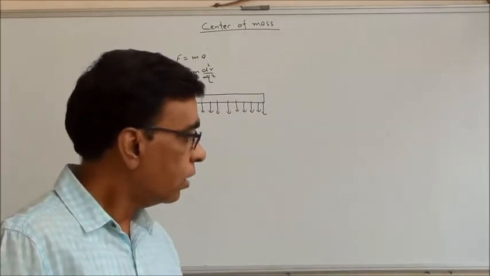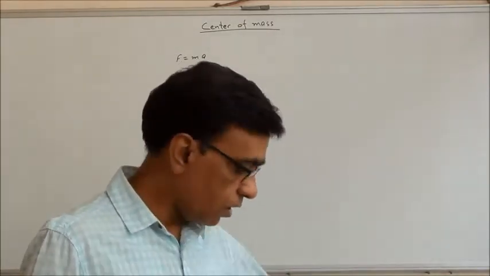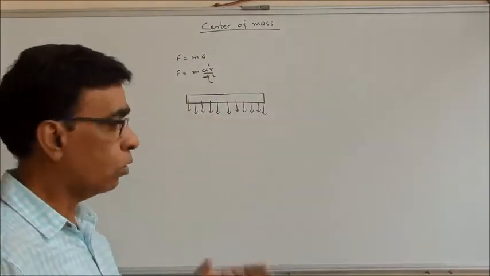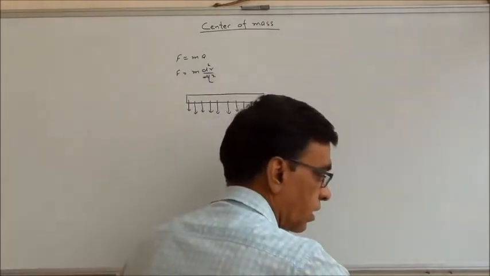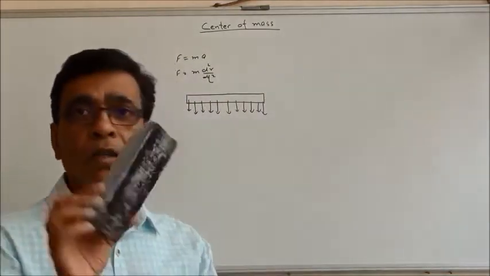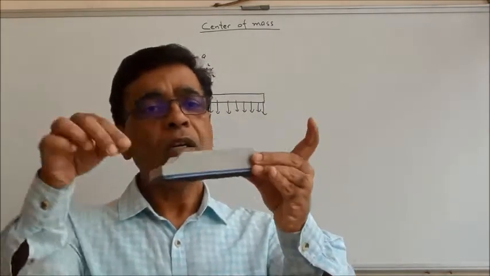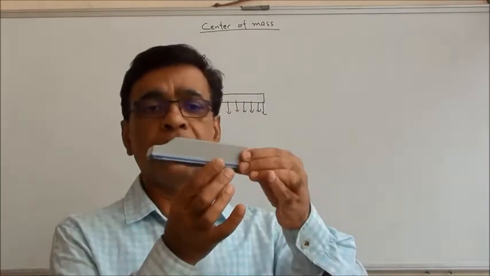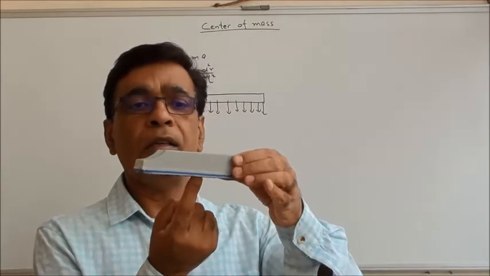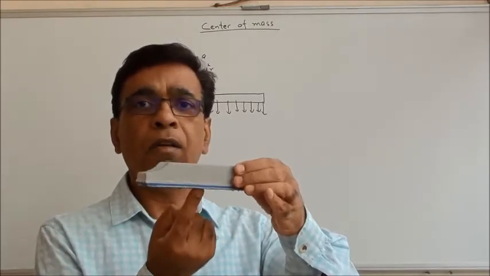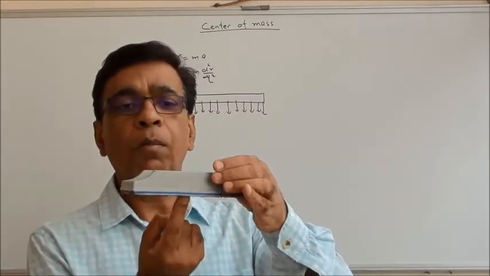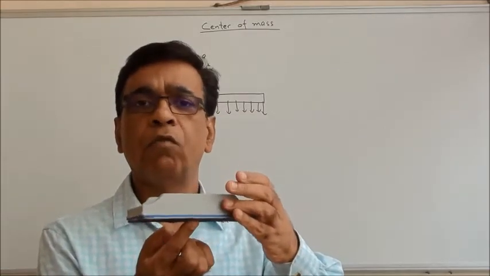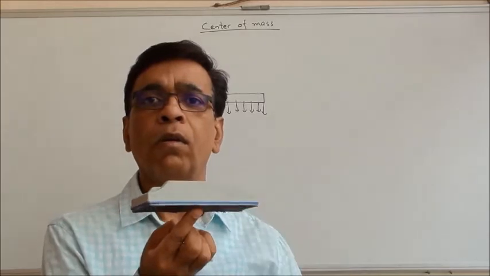Another one is, we can simplify this task of applying the law to this body. Let's take an example. This duster is again made up of a large number of particles, and if I apply a force on a particular point, I can balance it. What does it mean? This is balanced.